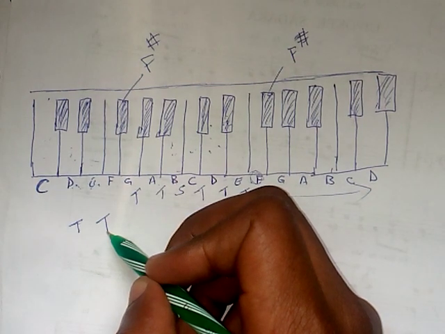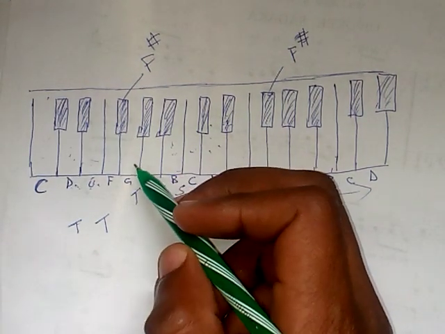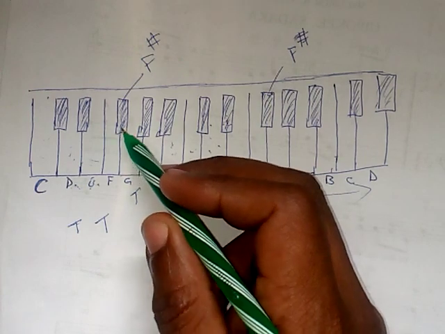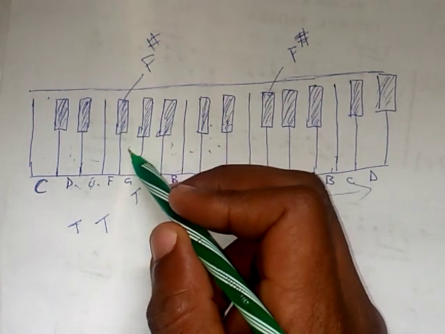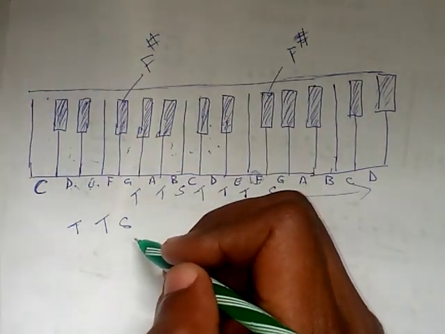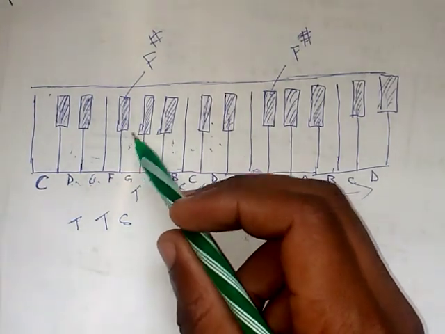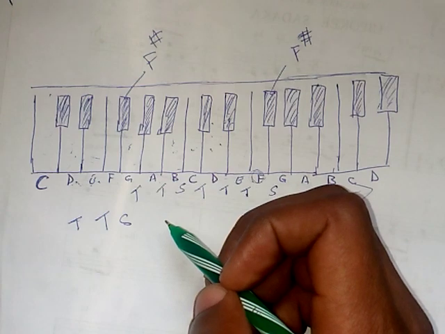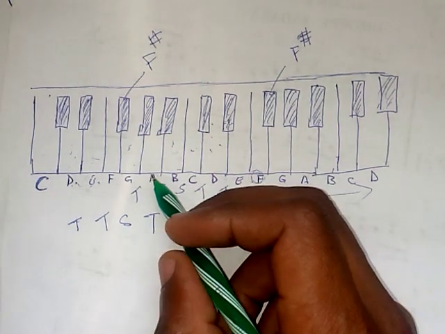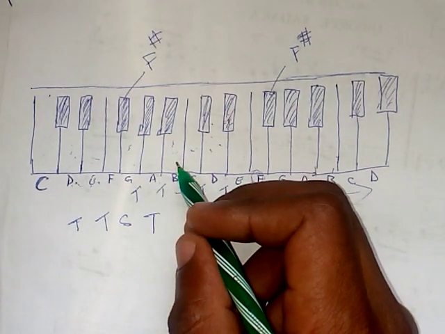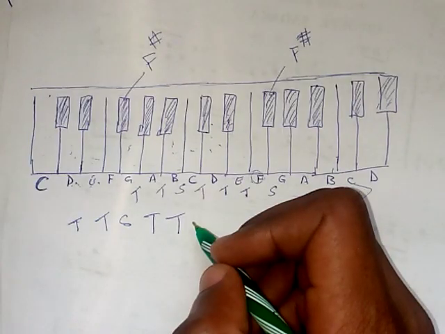The interval between F sharp and G is a half step or a semitone, which is correct. The interval between G and A is a tone, which is correct. The interval between A and B is a tone, which is correct.